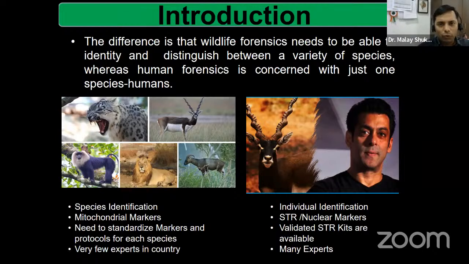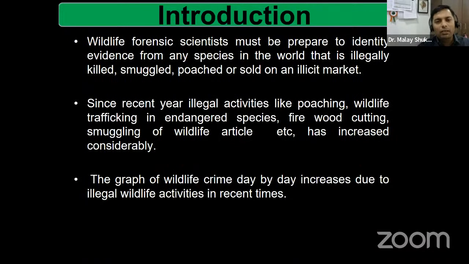There are no standardized protocols, no standardized markers, and most importantly, very little manpower is available right now in the country as well as worldwide. Very few experts are there in the country. As already mentioned, wildlife forensics is all about identification of wildlife parts and products.